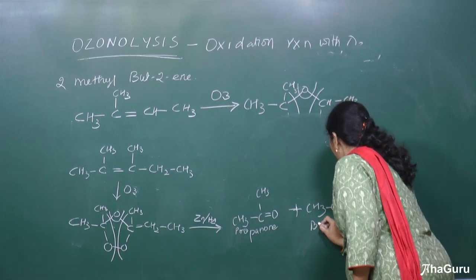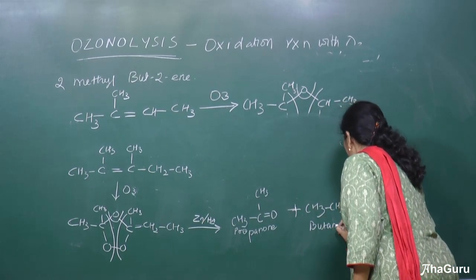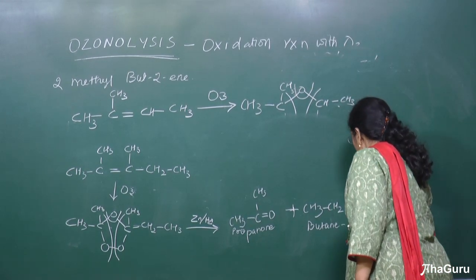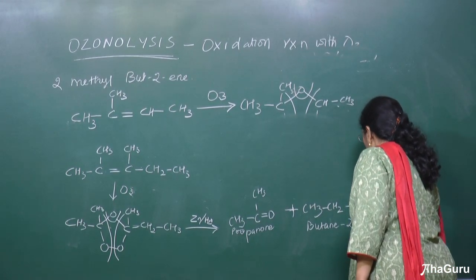So, it is butane, and in the second position we have double bond O. So, it is butan-2-one.